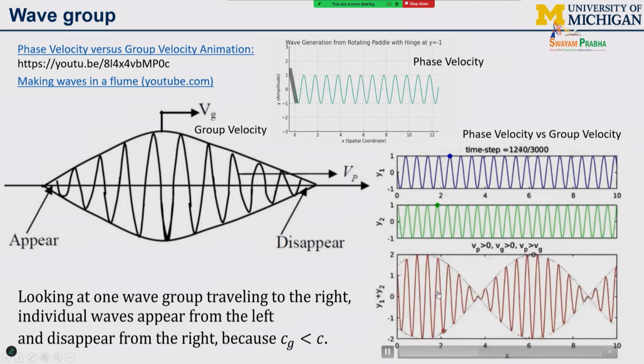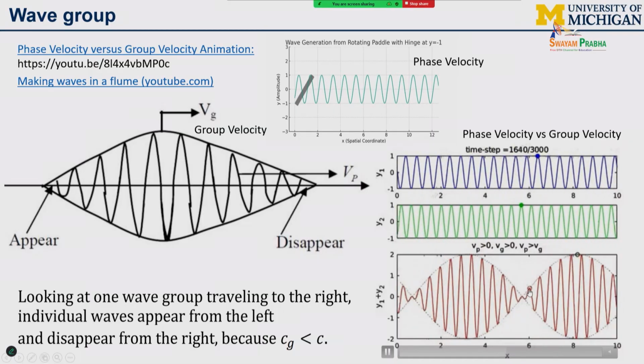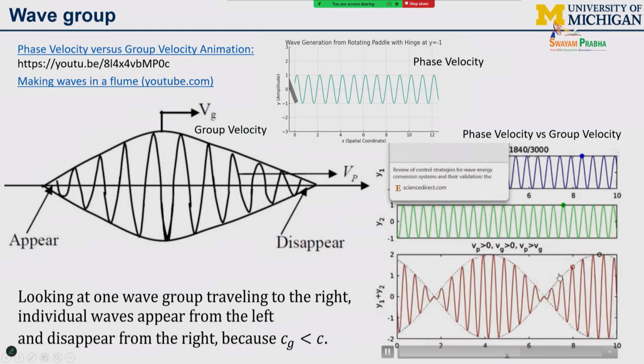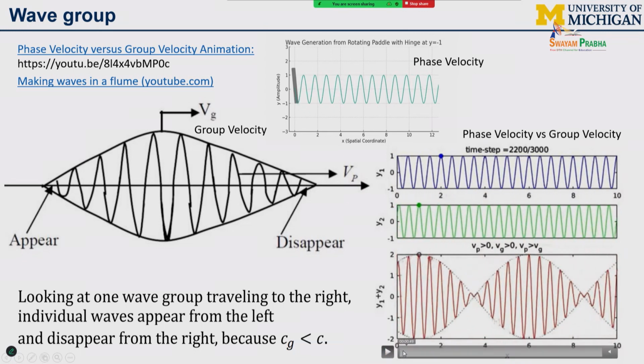Let us show this again at the beginning. Pay attention to two points: one is the black dot and another is the red dot. The black dot shows the envelope's motion, and the red dot shows one particle moving up and down.